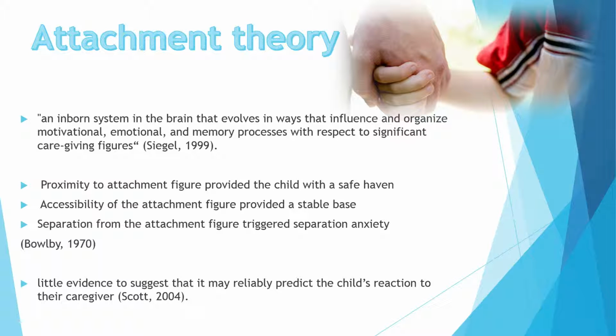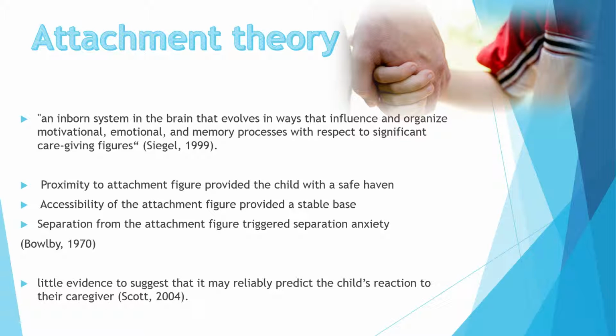Other early attempts to understand the child's grieving process included work on attachment theory, which was an inborn system in the brain that evolves in ways that influence and organize motivational, emotional, and memory process with respect to significant caregiving figures. Bowlby linked attachment theory to child grieving process by connecting its functions to predictable reactions within the child.